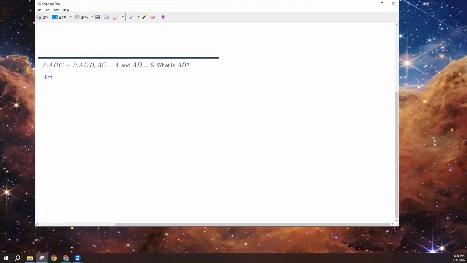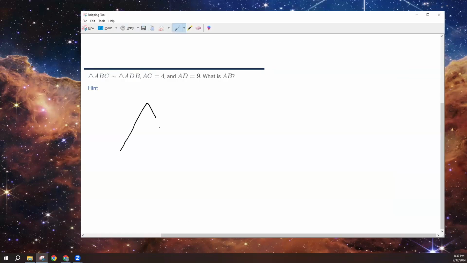You may find it easier to sketch this out and see what it looks like, and then see if you can figure out the length of AB. I'll give you a couple moments here.